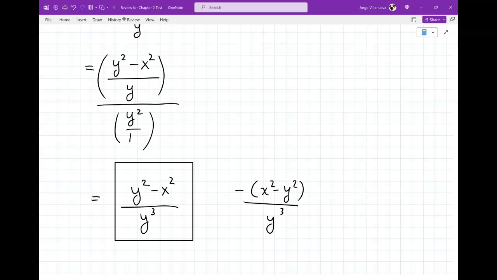Correct? I can factor out a negative from the top and it makes it x squared minus y squared. But what's x squared minus y squared defined as? 36. So this could be negative 36. So, I mean, this is another option for your answer. I mean, I can get as creative as I want to. There's a point though where you're like, okay, I'm just being mean, right? By changing little things around, right?